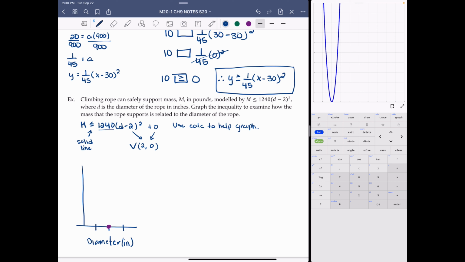The y-axis is going up to 1,000, and that is for mass in pounds. And then our graph looks something like this. It's quite slim. Okay, something like that.